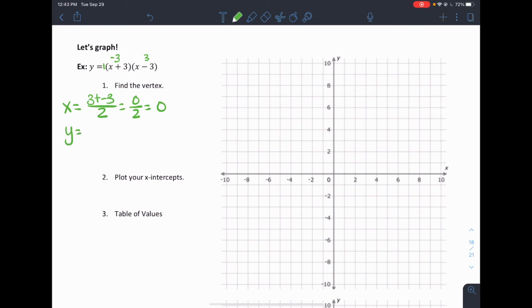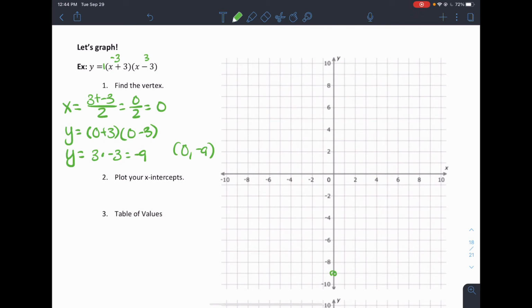Y, therefore, is 0 plus 3, 0 minus 3, 3 times negative 3, negative 9. So my vertex is 0, negative 9.